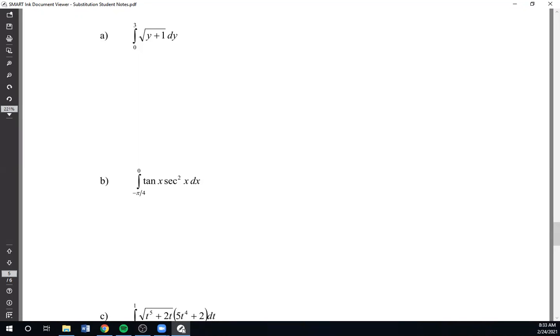What we're going to make u is the function that's inside of another function, which will be, right now we have the square root of y plus 1. Well, y plus 1 is inside the square root, so let's make that u. And then du, well, derivative of y plus 1 is just 1, so du equals dy.